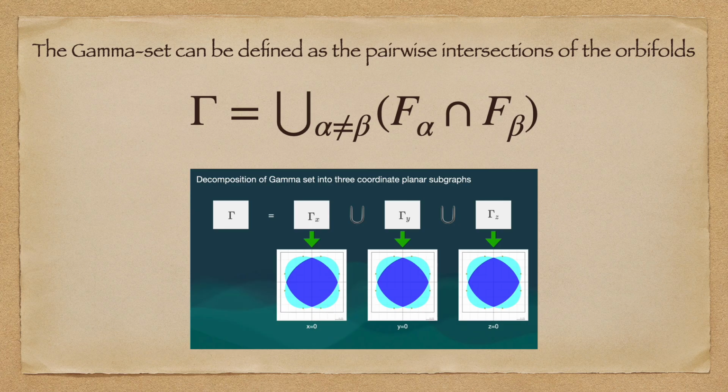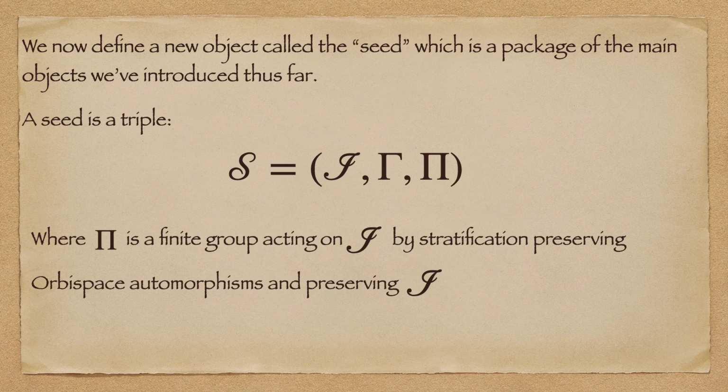And as you can see, we can decompose gamma into three coordinate planar subgraphs, if you want to call them subgraphs, but they'll really have more analytic structure in general in the case that we're interested in.